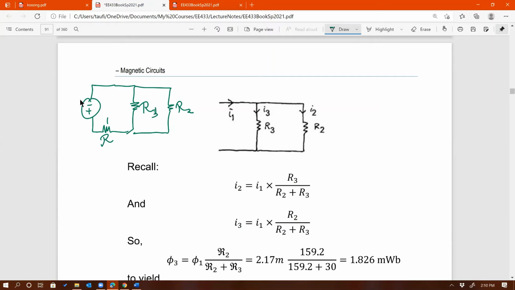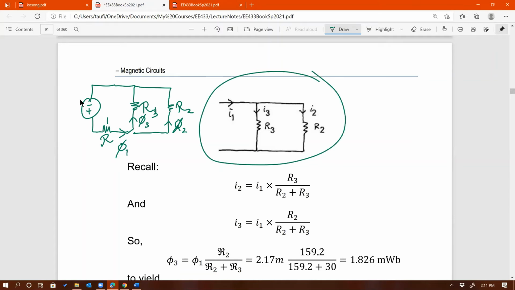And now I know this flux. We just calculated that flux. Let's call it flux number 1. And now I want to know the flux that goes into R3 and the flux that goes into R2. How do we do that? Well, luckily we can view flux as current. We are familiar with the concept of current division.